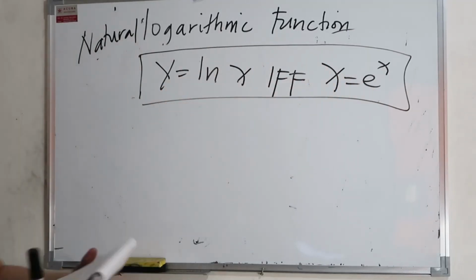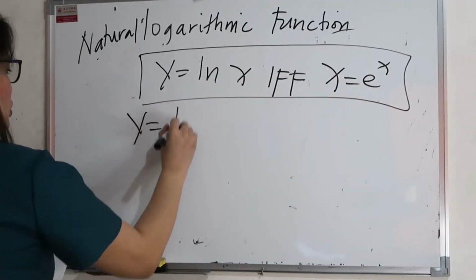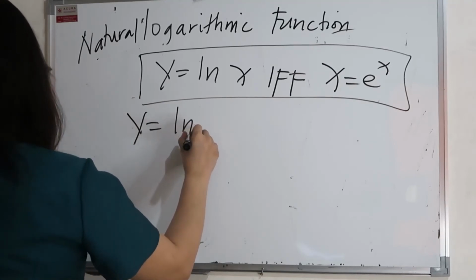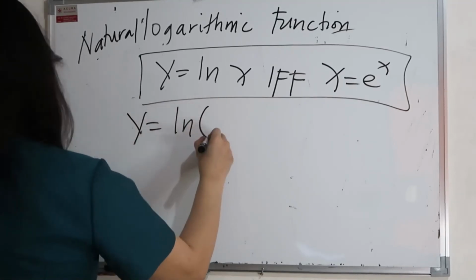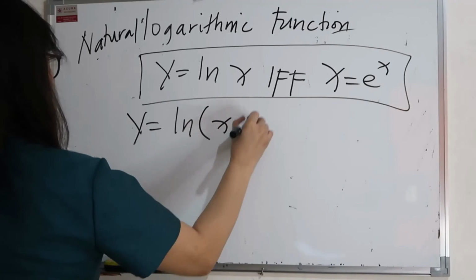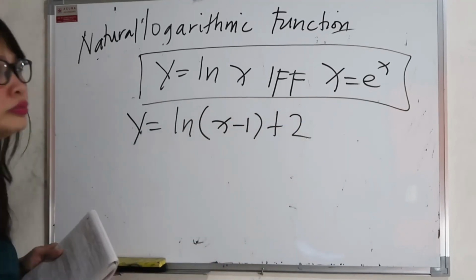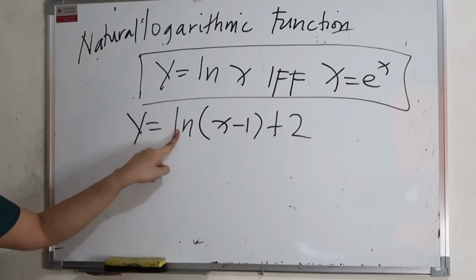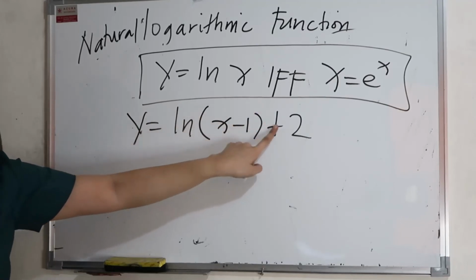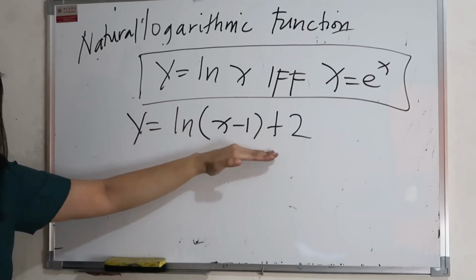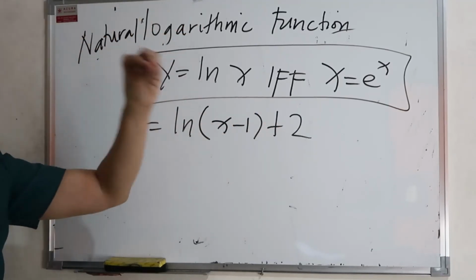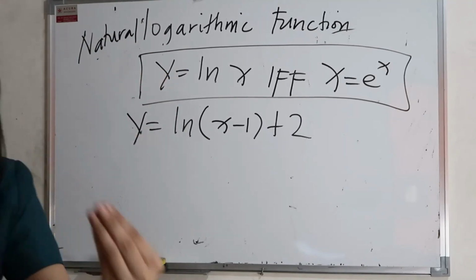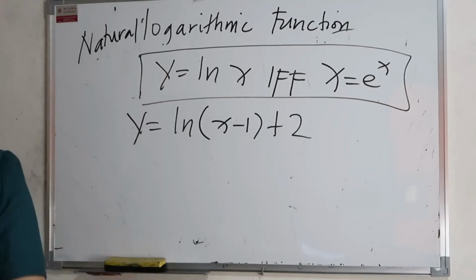So how do we graph that? For example, y equals ln of x minus 1, plus 2. Same procedure as in graphing a logarithmic function.